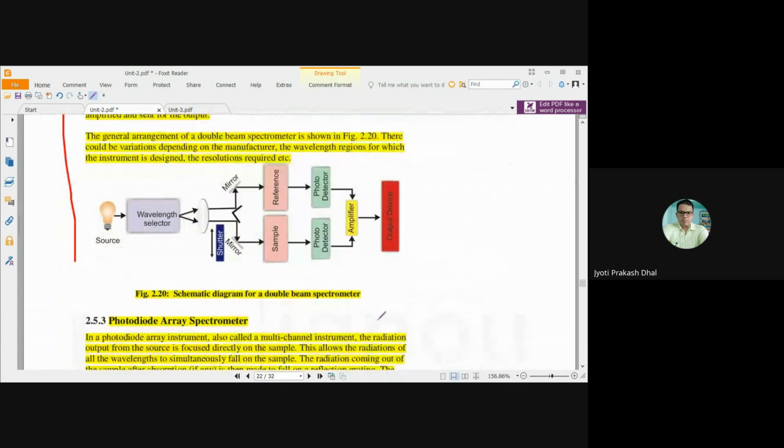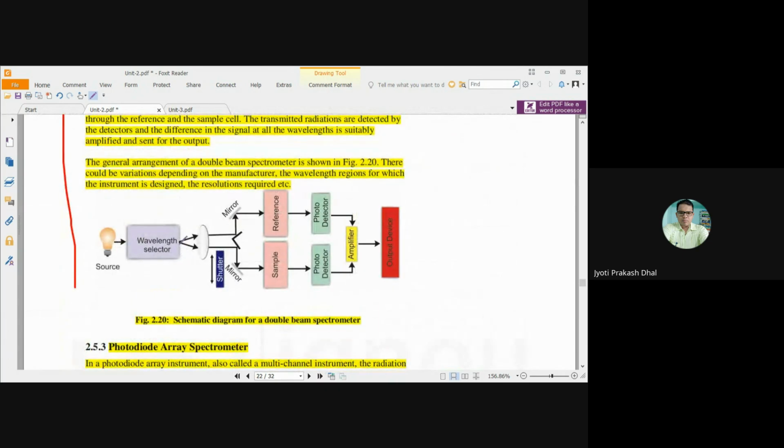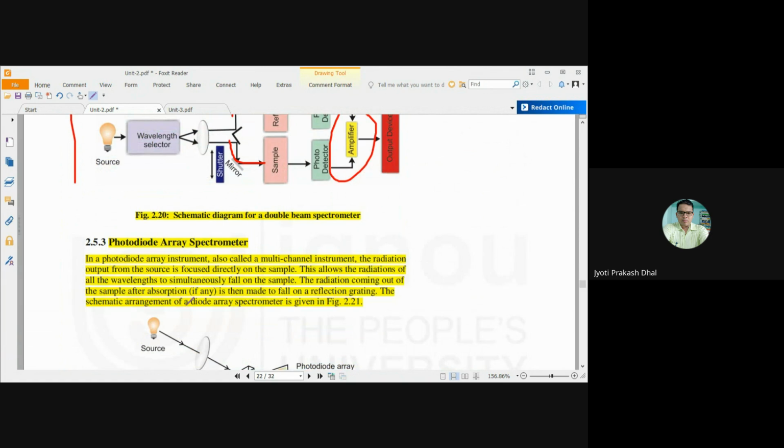For the double beam spectrophotometer, two monochromatic radiations will pass inside the spectrometer. One will pass through the sample and another will pass through the reference. After that, at the amplifier, the change will be measured.